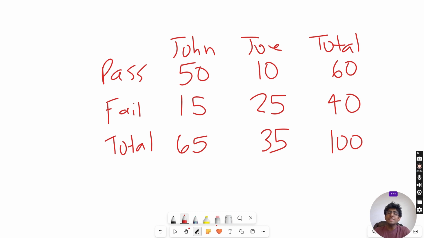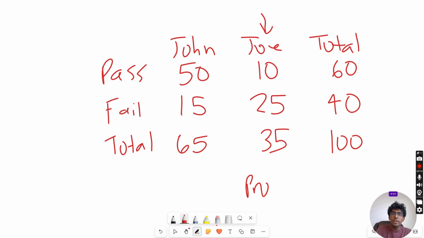All right, so now let's get to the idea of frequency. Remember, frequency is similar to probability, where we're trying to find the desired outcome over the total outcomes in the particular question. For example, what is the probability that one of Joe's students passes? We're going to look at the Joe column.